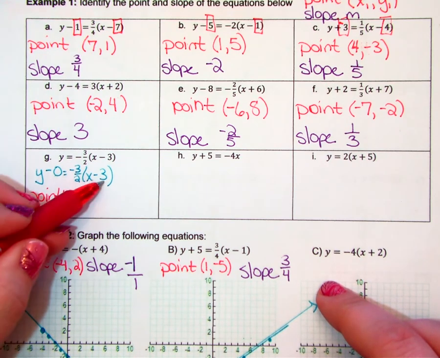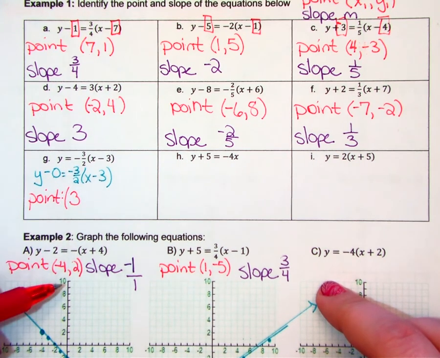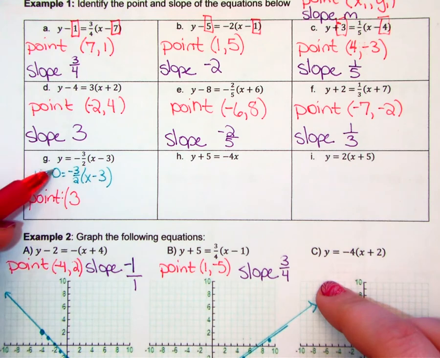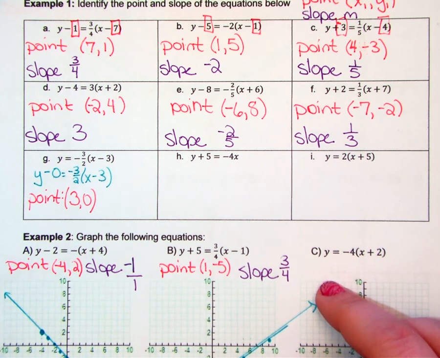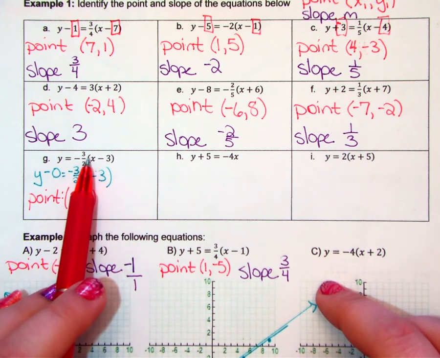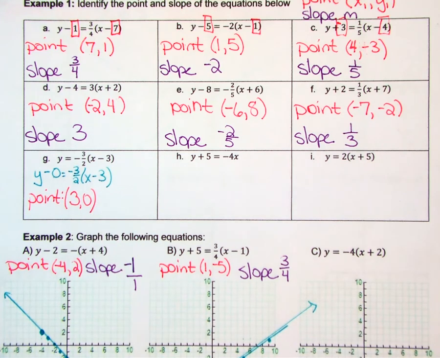So our point is +3, because remember it's the opposite of what it appears to be, and then 0. I still knew that this was in point slope form and not slope intercept form because it had parentheses here. If those parentheses were missing, then I would know, hey, maybe this really isn't point slope form.